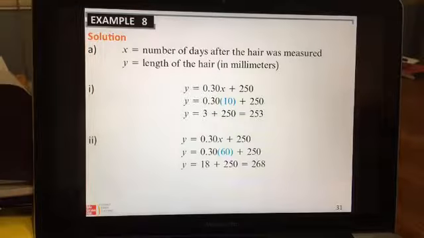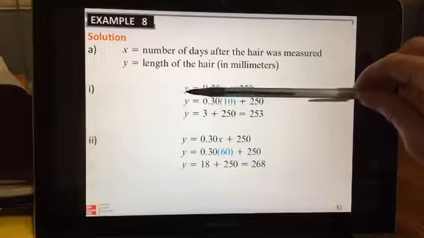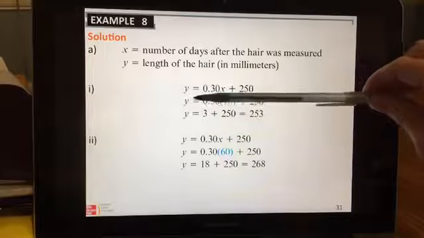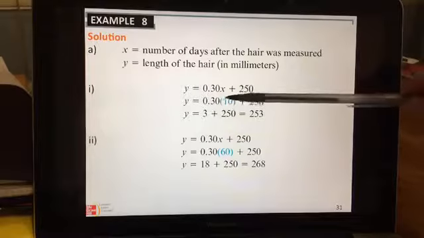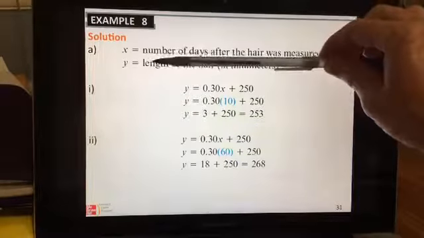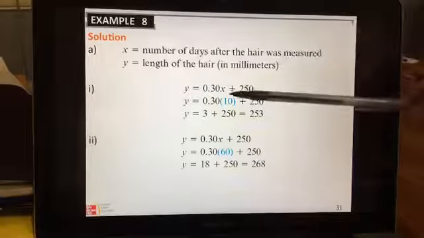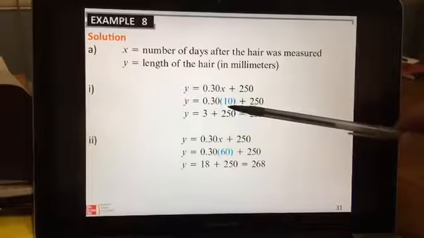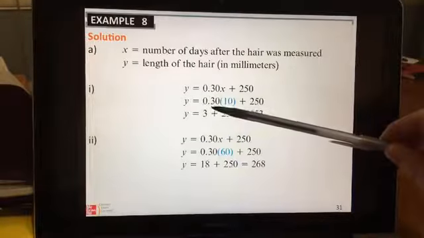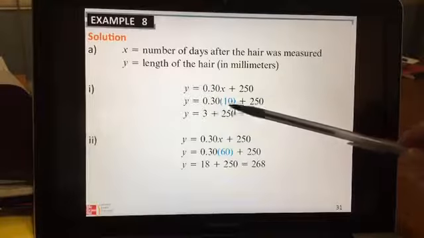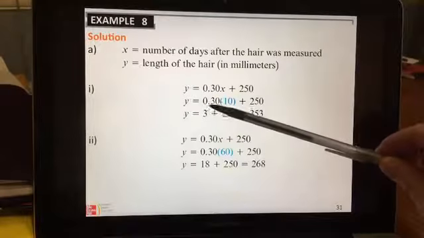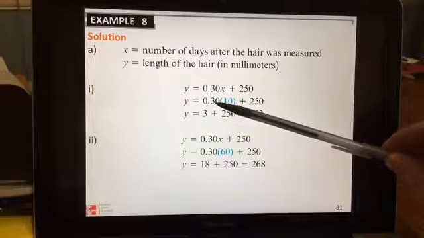So here we go. We're going to plug in. Remember, it said 10 and 60 were the first two that they asked for. So we're going to take x, the number of days after the hair was measured, and we're going to let x be 10. Now 10 times 0.3 just moves the decimal. Remember, when we multiply by 10, it moves the decimal one step to the right.